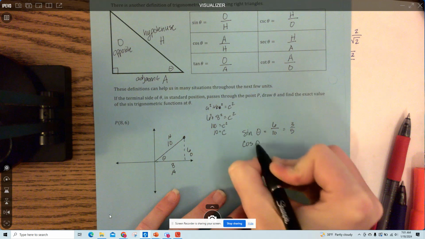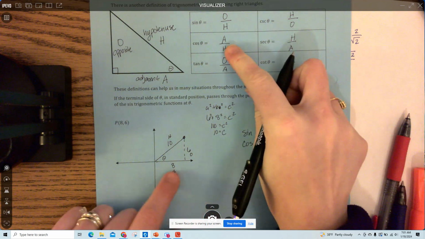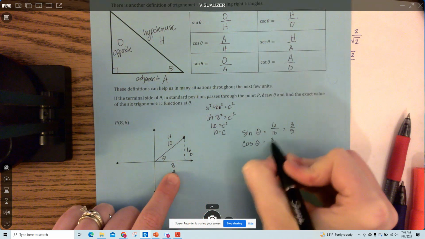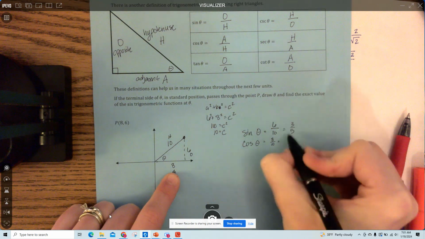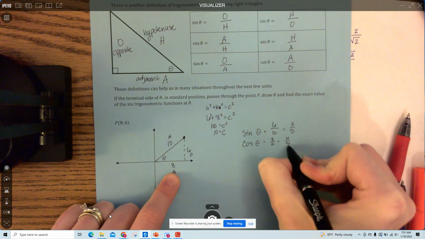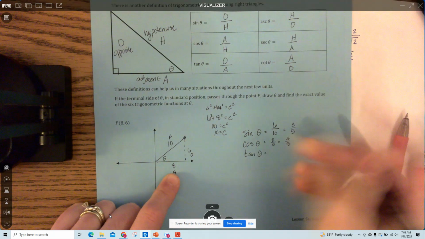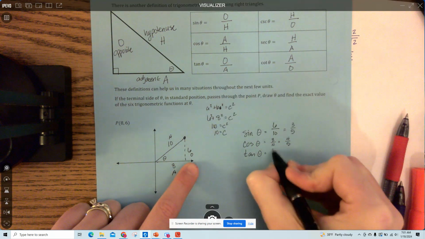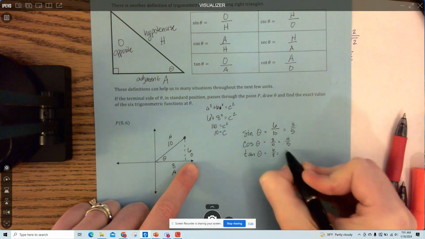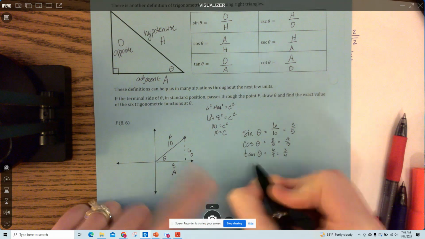Cosine of that angle would be adjacent, the 8 over 10, which simplifies to 4 over 5. Tangent of that angle, opposite over adjacent, is 6 over 8, which simplifies to 3/4.